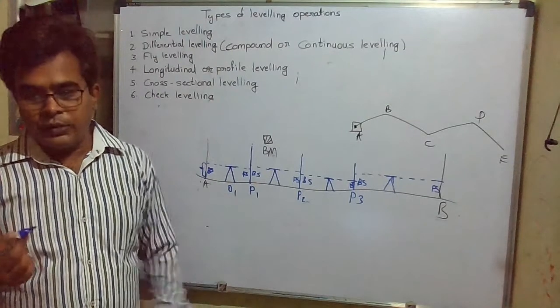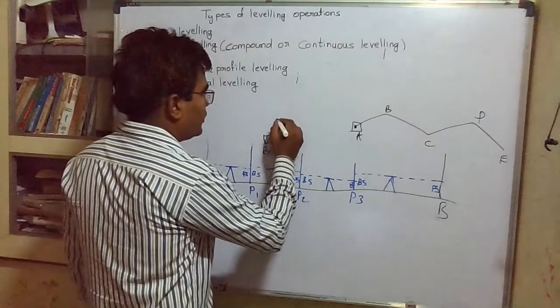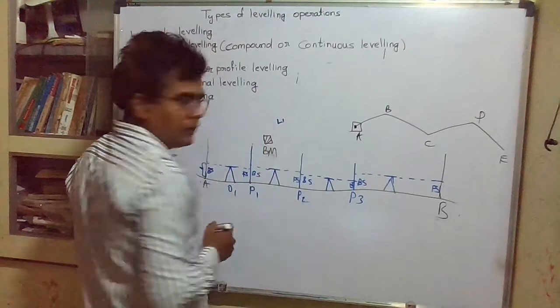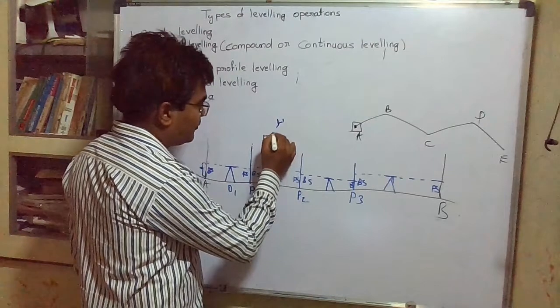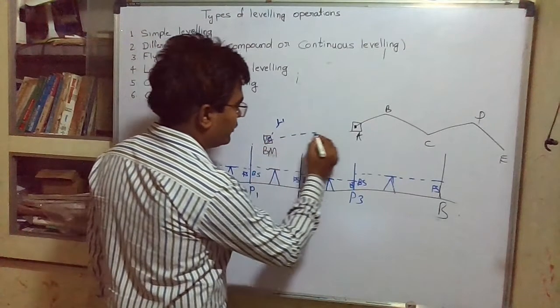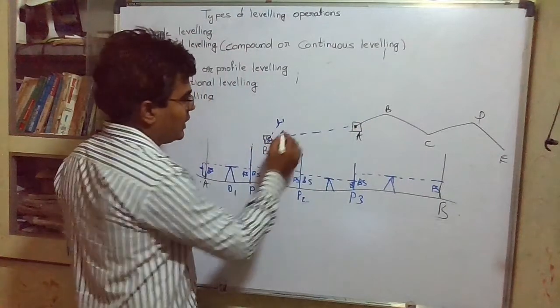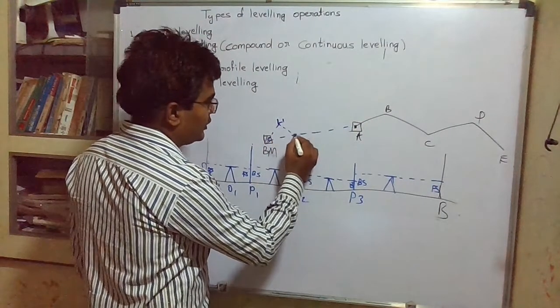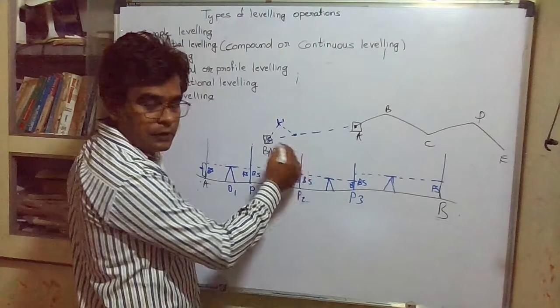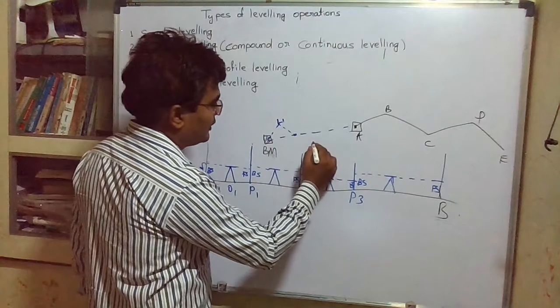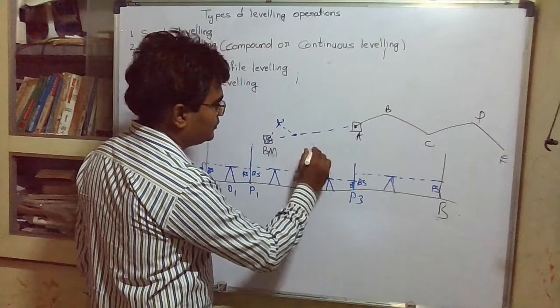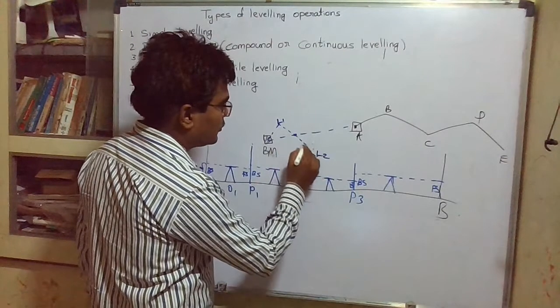Here we'll set the level at some point L1, and suppose this is the point. We connect this to the alignment, and then we find out the RL of different points. Then again we set up the level at some new position L2.